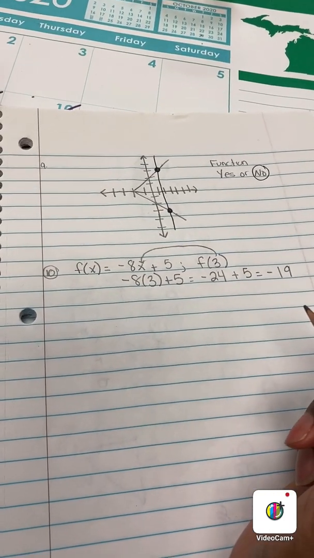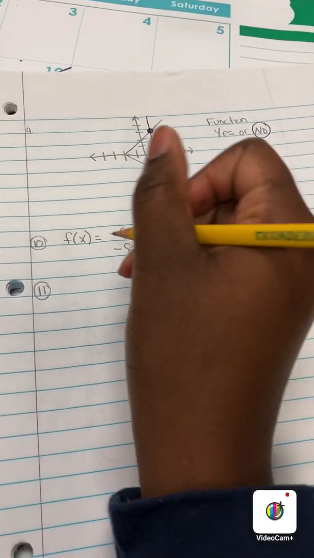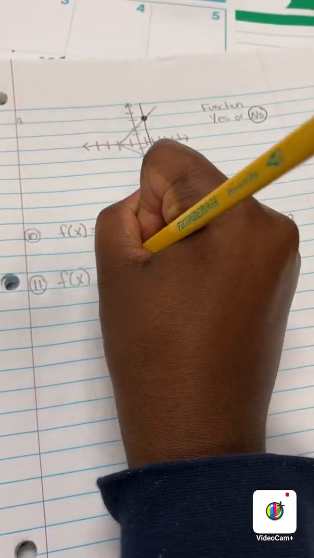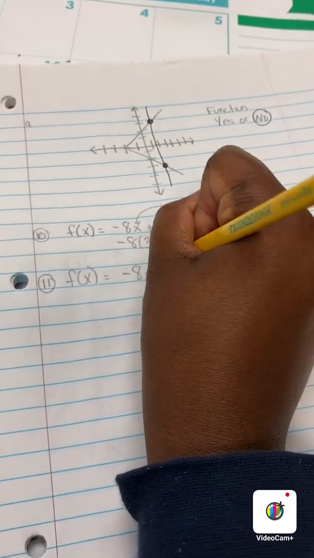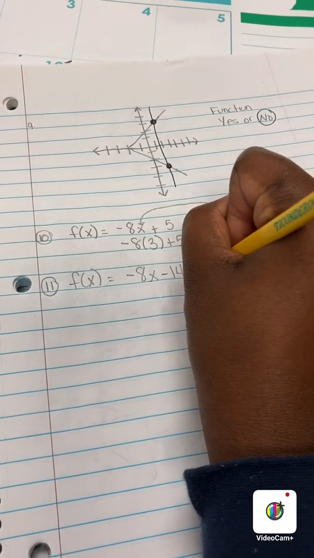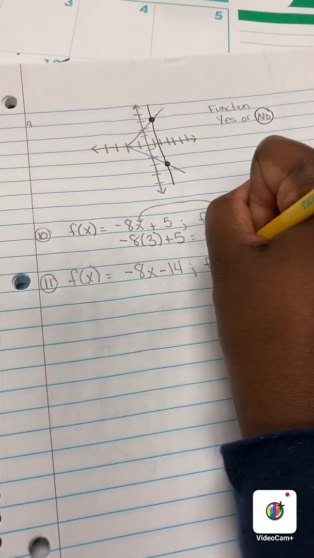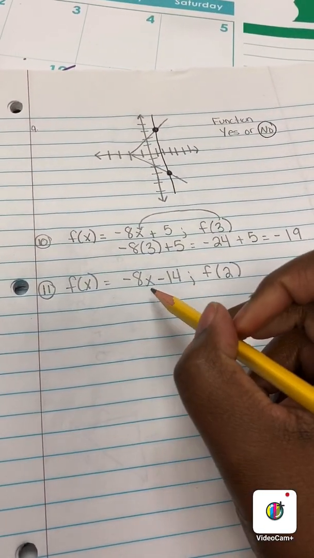We're going to do the exact same thing for number 11. So we have f of x is equal to -8x minus 14, and we have to evaluate for f of 2. So again, I'm going to take this 2 and plug it into my x.